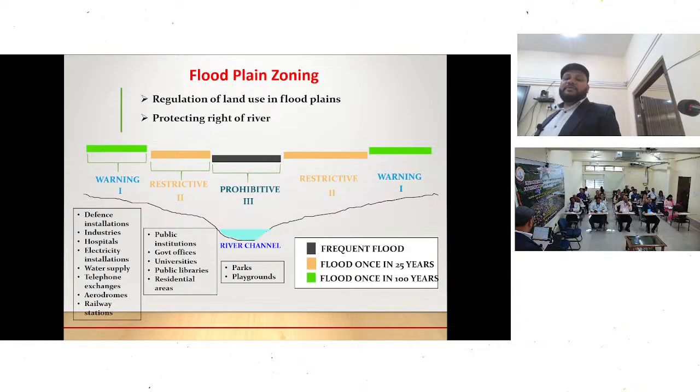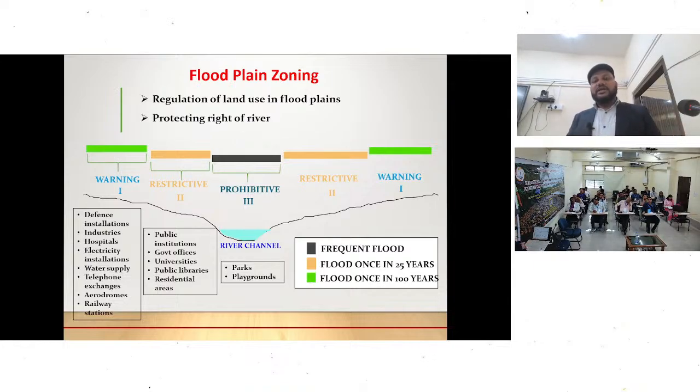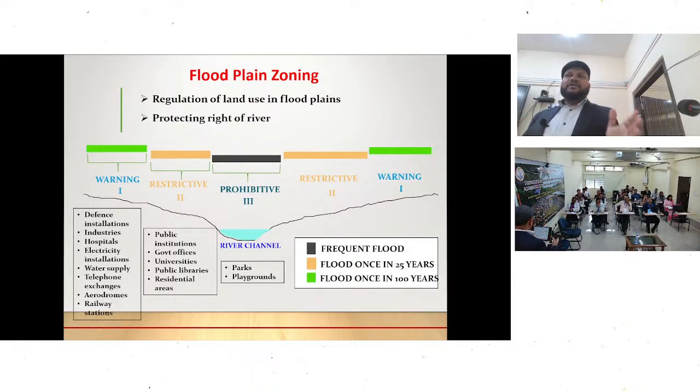The prohibitive zone means frequent floods come in those areas. Restrictive means areas with a 25-year flood frequency, and the warning zone means a flood once in 100 years. These are indicated by the Central Water Commission. We should do the floodplain zoning.